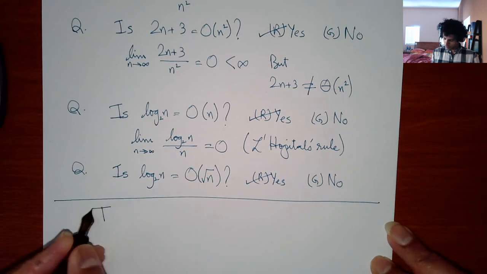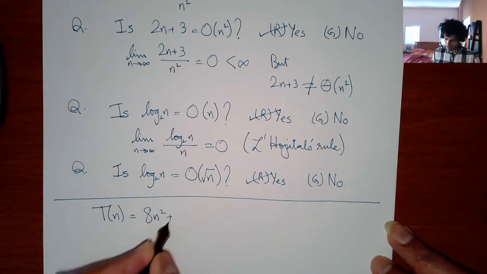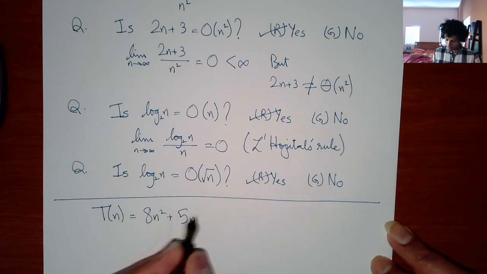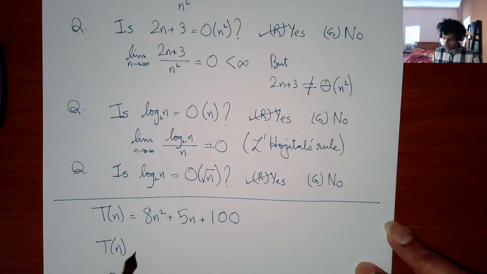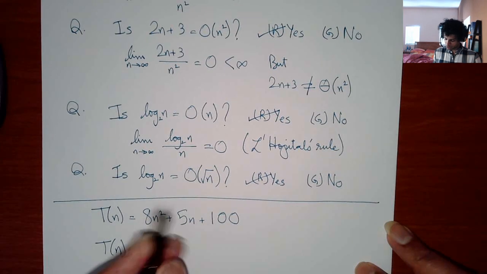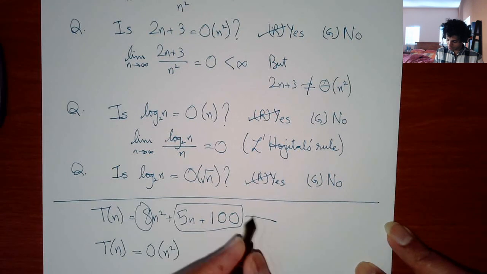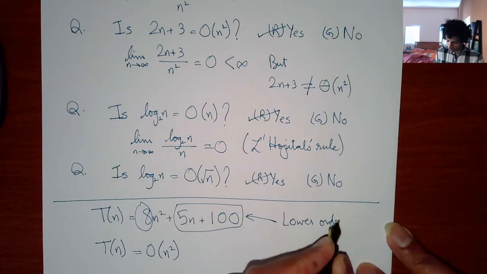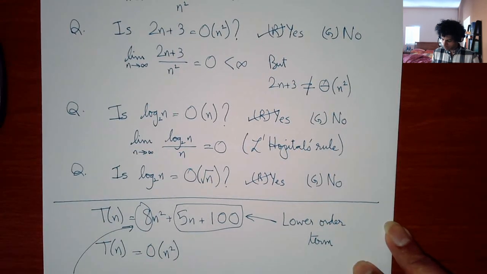So the important thing is if you have some kind of running time, some function of the form, let's say 8n squared plus 5n plus 100, then you say T(n) is basically O of n squared. So you ignore this part and this part. This is called a lower order term, and this is a leading constant.